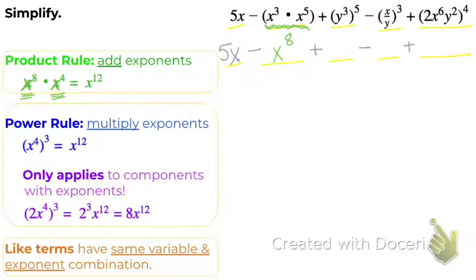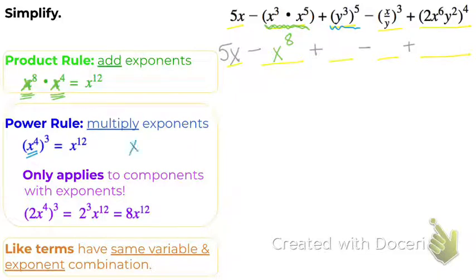Now let's look at the next one. For this one, we're going to be using the power rule. When you have something with an exponent raised to a power, like y to the third raised to the fifth power, then you use the power rule where you can just simply multiply those exponents. So if we look at the example over here on the left, what this is saying is x to the fourth raised to the third power.